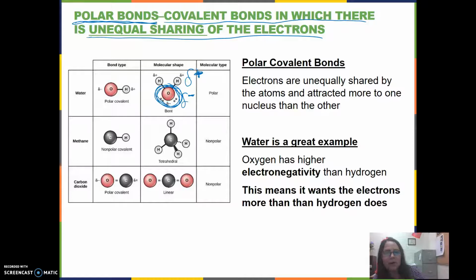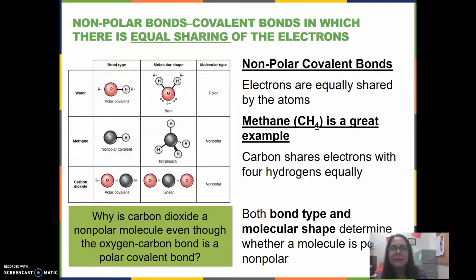Now, water is a great example. And when we say that oxygen has a stronger attraction, another way of saying that is oxygen has a higher electronegativity than hydrogen. That means that it has a stronger attraction or a stronger pull on the shared electrons than the hydrogen does.